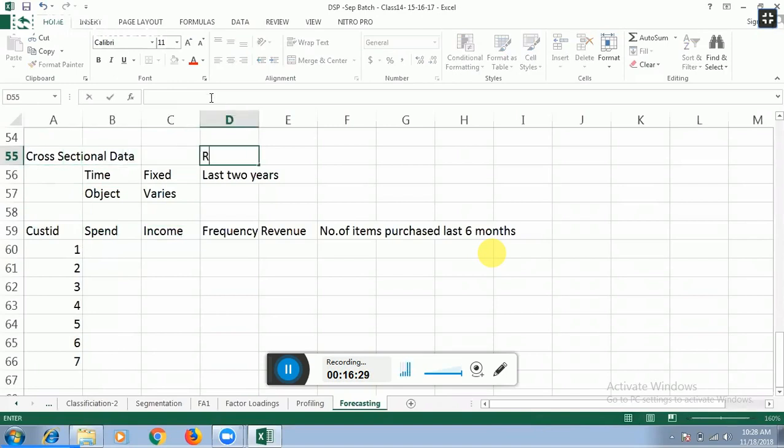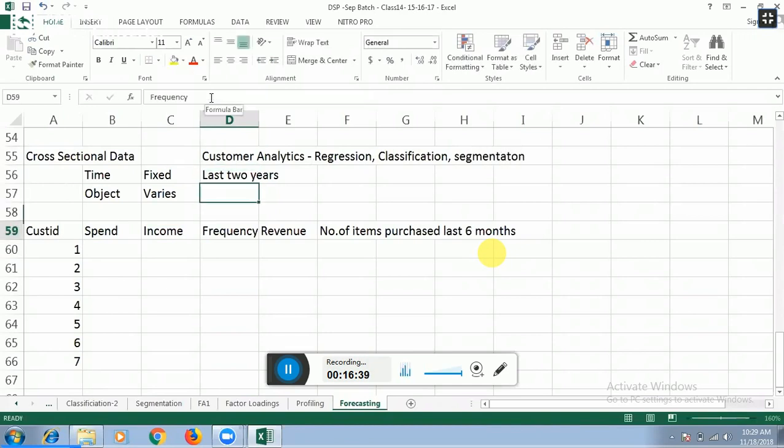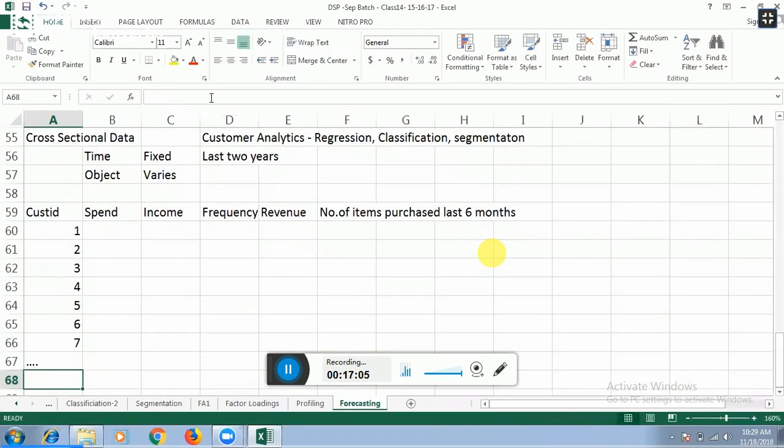Most of my customer analytics, especially regression-based, classification, and segmentation problems, use this data set, because there we are trying to predict whether a customer is good or bad, how much a customer is going to spend, or the revenue, or segmenting the customers based on similarity. These are the typical examples we work on, and all of them are applications of cross-sectional data. Am I correct or not? So now you understand what cross-sectional data means.